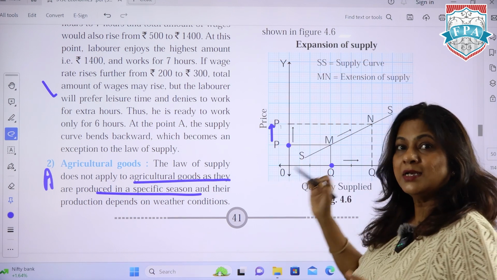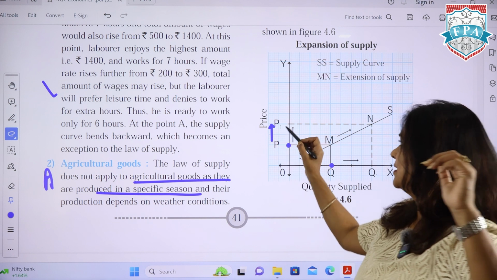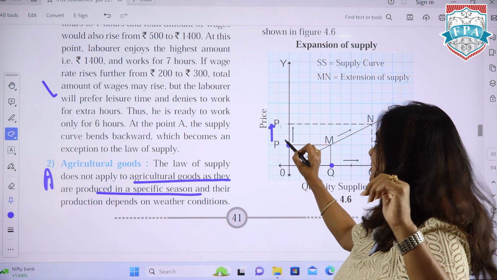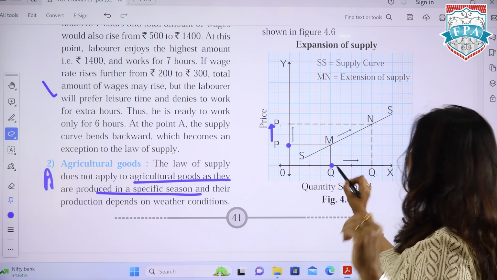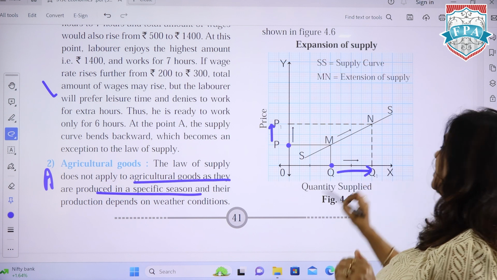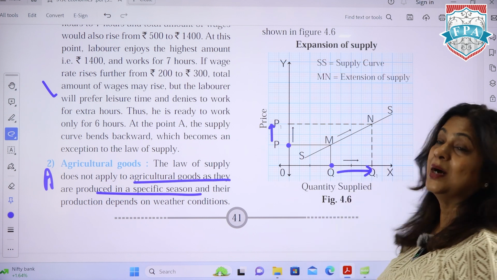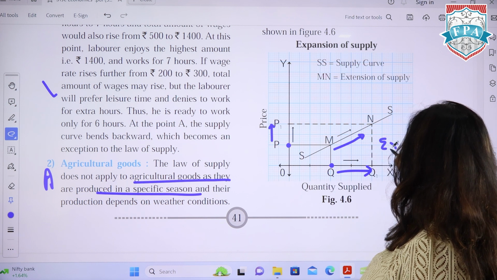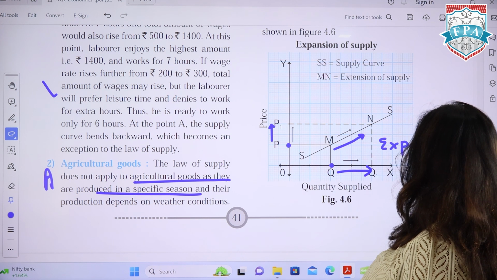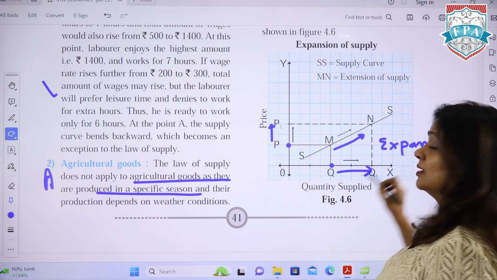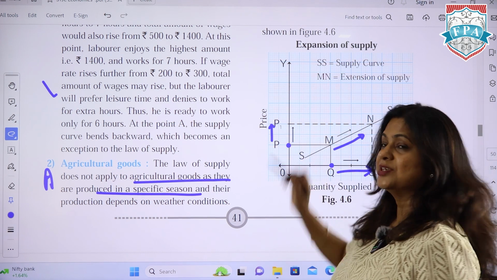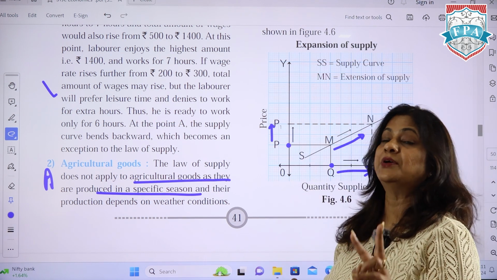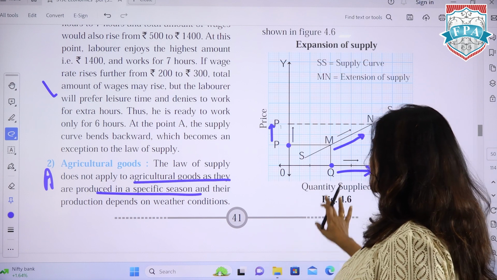Keep its line dotted so that the examiner comes to know that this is the increase in the price. So price has increased from P to P1. Your quantity has increased from Q to Q1. Now this is expansion. But the important thing is expansion happens only and only because of price.